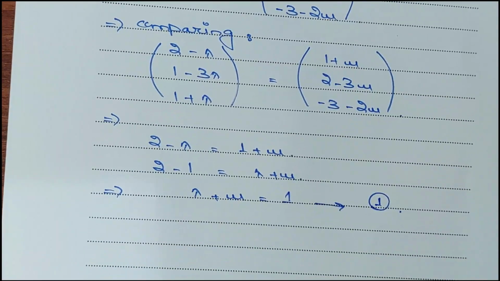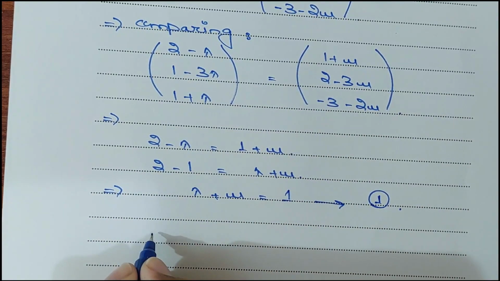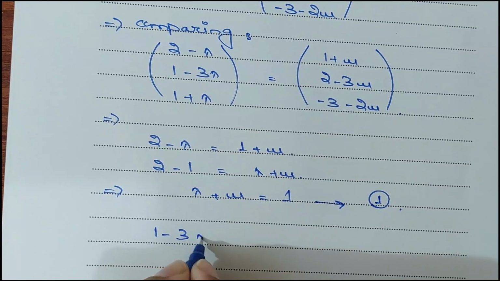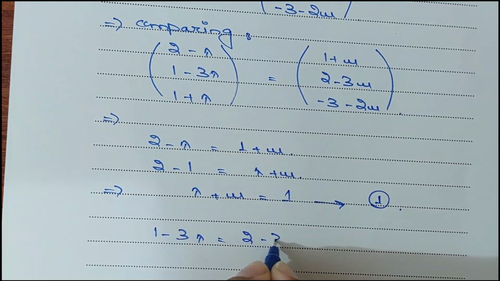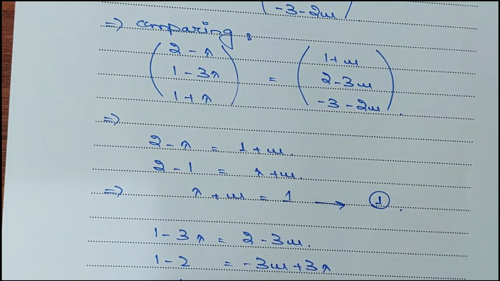Now comparing the second components, we have 1 minus 3 lambda equals 2 minus 3 mu. So 1 minus 2 equals minus 3 mu plus 3 lambda, minus 1 equals minus 3 mu plus 3 lambda.